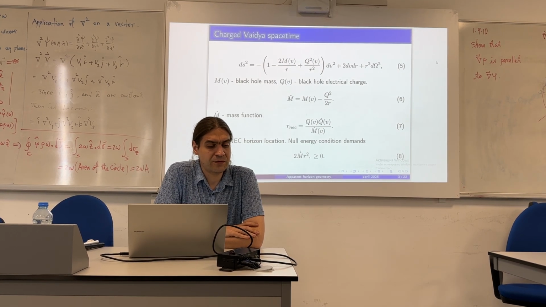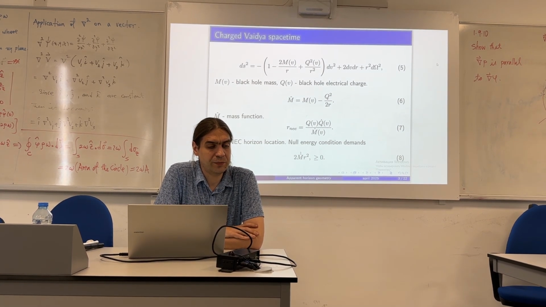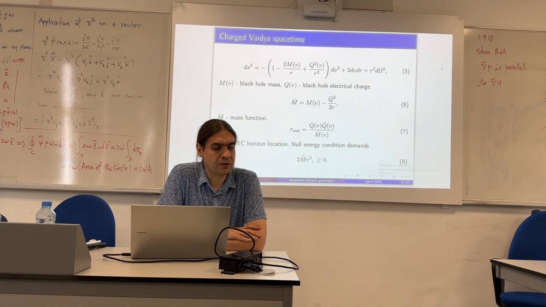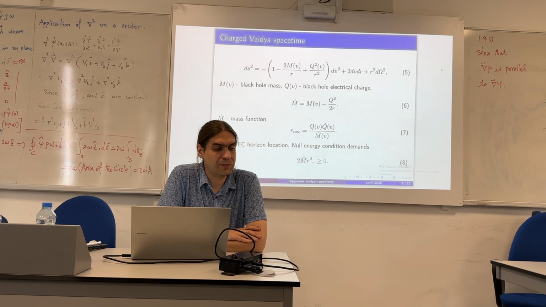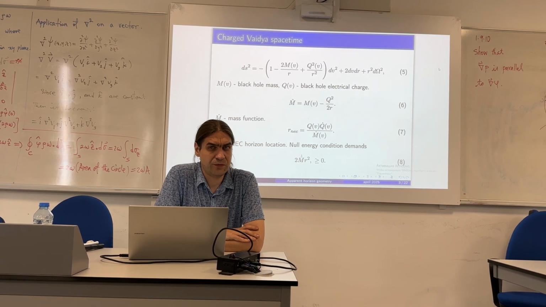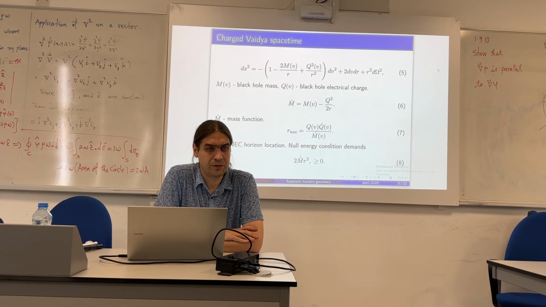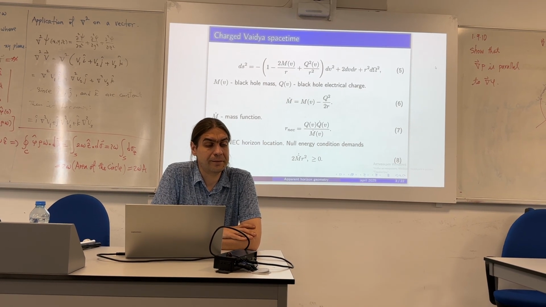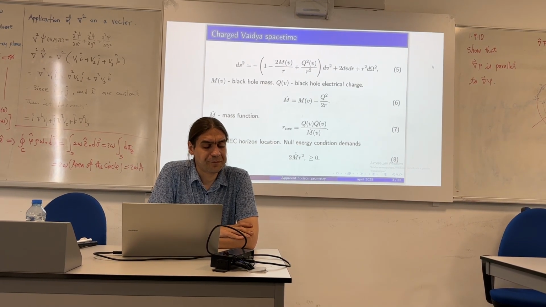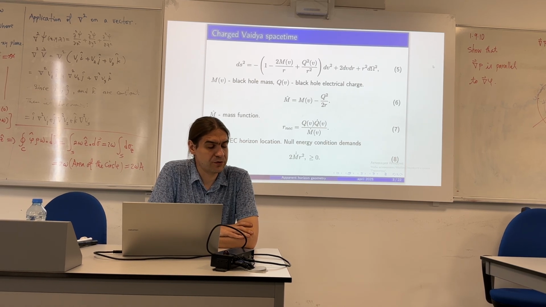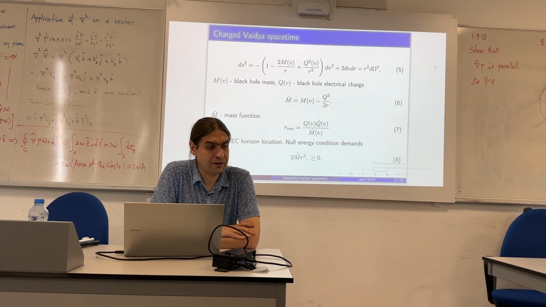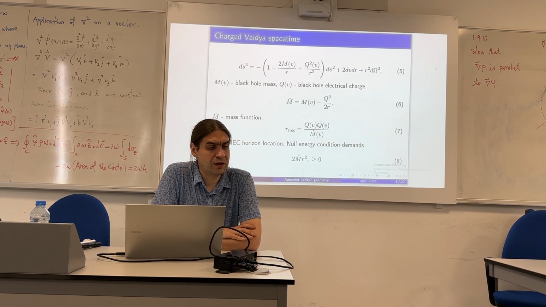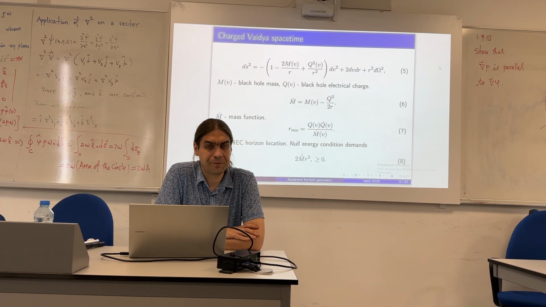It doesn't violate it only in the following picture, when, for example, Q dot is less than 0. So we have a charge evaporation process. So it's natural, and then this energy condition is valid in the whole spacetime. But anyway, in all other situations, we have violation.